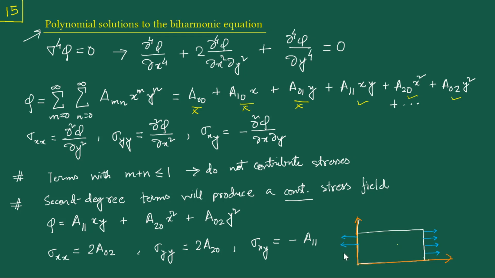It could also be uniform compression. It just depends on the sign of this a02. For sigma yy, we could have this sort of uniform tension or equivalently uniform compression in the y direction. Let me write that clearly. This is our y direction, this is our x direction.